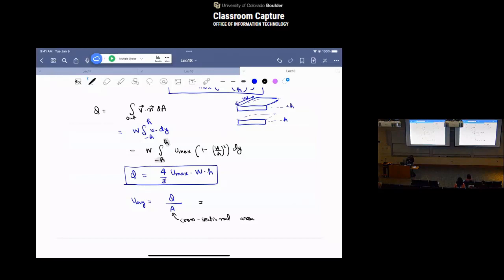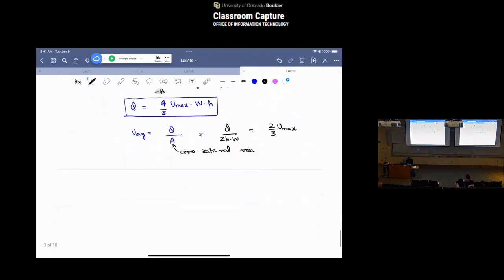Does anybody want to suggest what the cross-sectional area is in terms of small h and w? 2h times w, right? So you have 2h height and the width is w. So we have Q by 2h times w. If you substitute the value, you will get 2 by 3 u max.